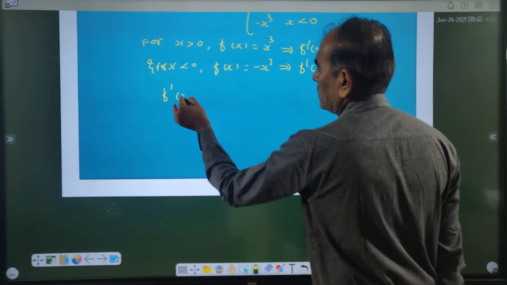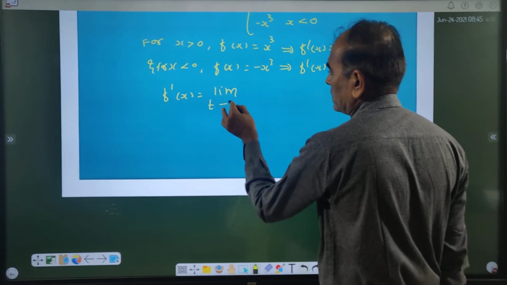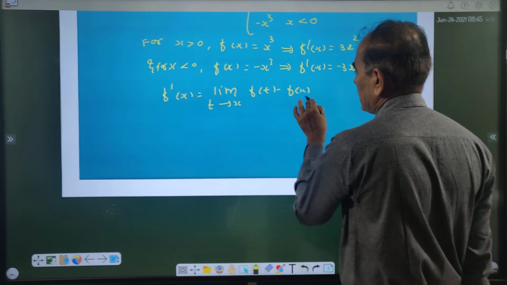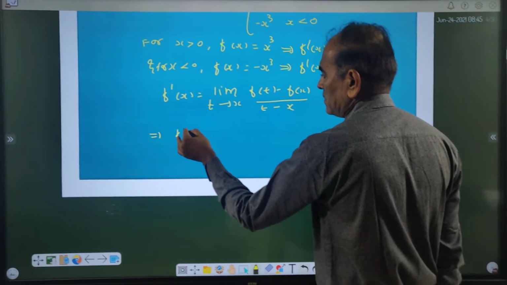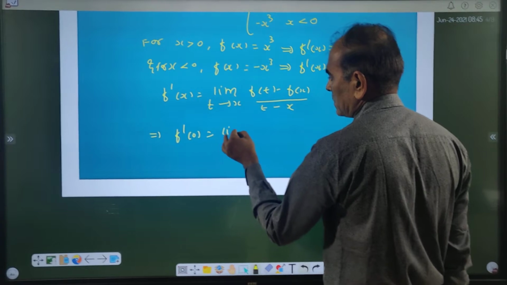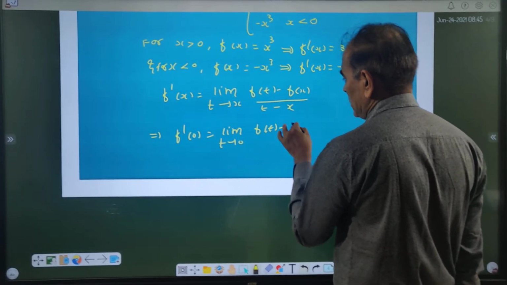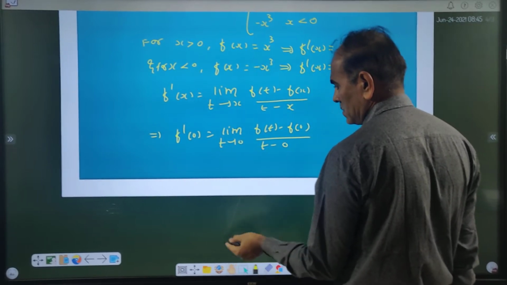We know that f dash x is equal to limit t tends to x, f of t minus f of x over t minus x. This implies what is f dash 0? Limit t tends to 0, f of t minus f of 0 over t minus 0.